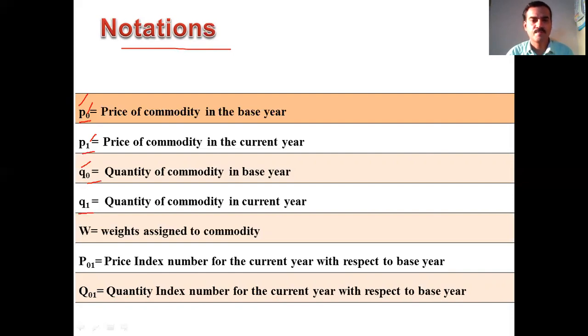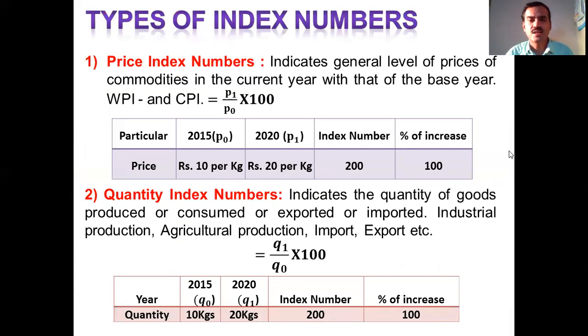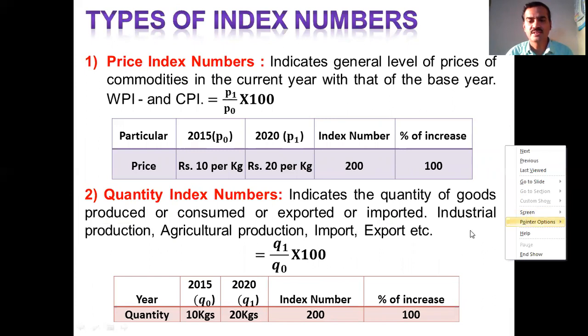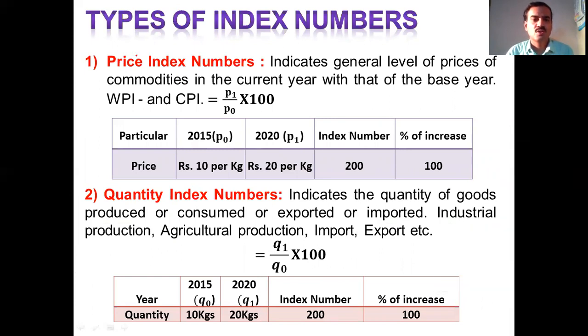Okay, right. So now let us see the types of index numbers. The first type of index number is the price index number. As the name itself indicates, the price index number indicates the general level of prices of a commodity in the current year compared to the base year.